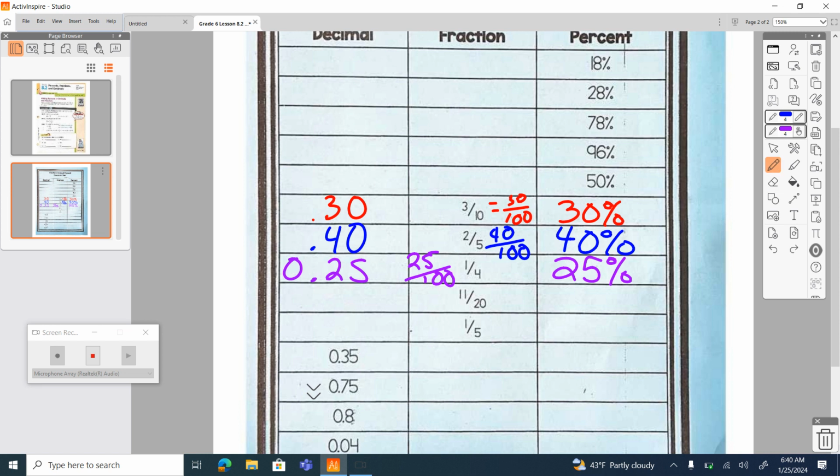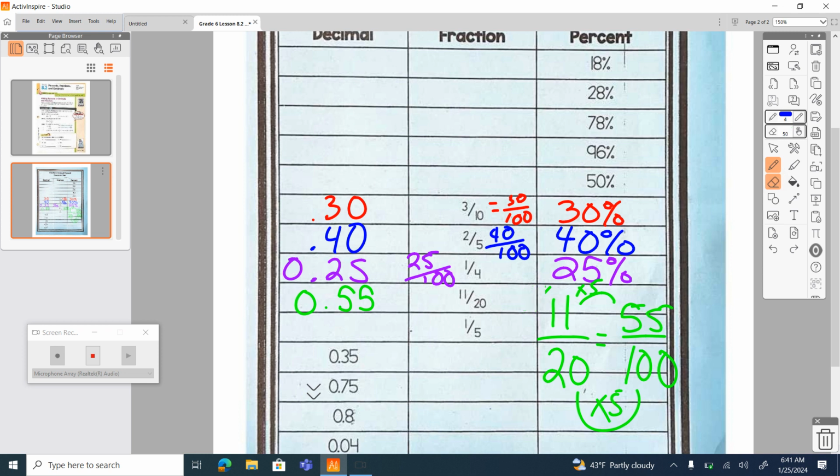So now, I'm going to change the color again. 11 over 20 equals some number over 100. That's 20 times 5. 11 times 5 is 55. So that is 55 out of 100, 55%, or 0.55, or 55 100ths.